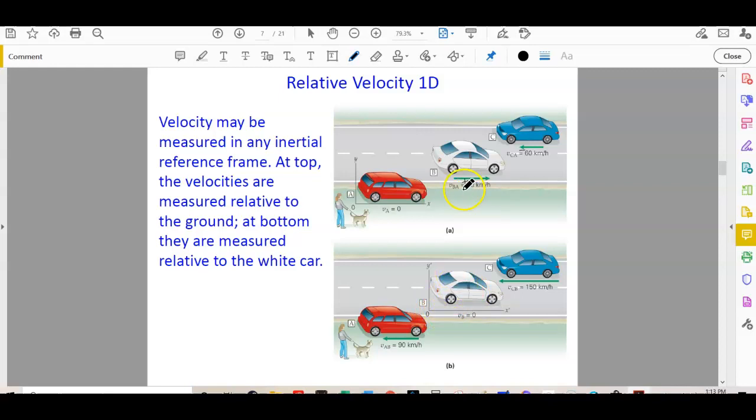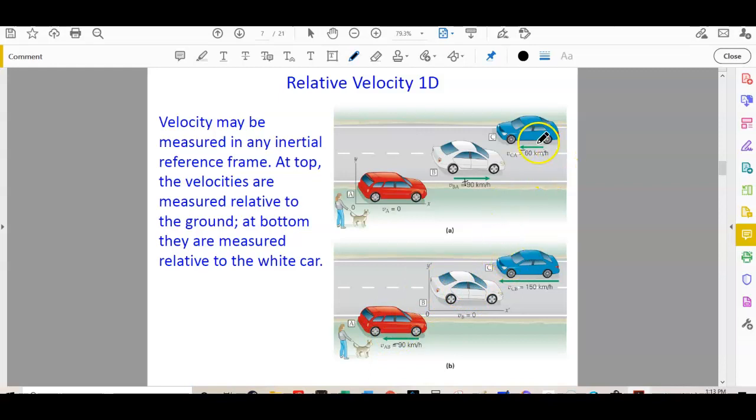So if this car is moving forward at 90 kilometers per hour, I said miles per hour a second ago, I'm sorry, so it's moving to the right at 90 kilometers per hour. If these people are saying that everything else is moving around them relative to them, then this blue car is going to be traveling to the left at negative 90 kilometers per hour.